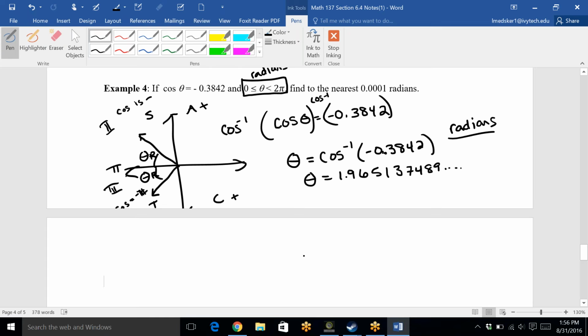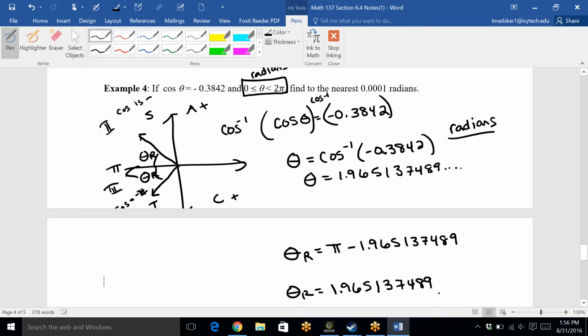To find one of the reference angles, we need to consider the case that is a little bit smaller than 180, so we will do pi minus 1.965137489. For the other case, we're actually past 180, or pi, so we'll do the opposite: 1.965137489 needs to be added to pi.